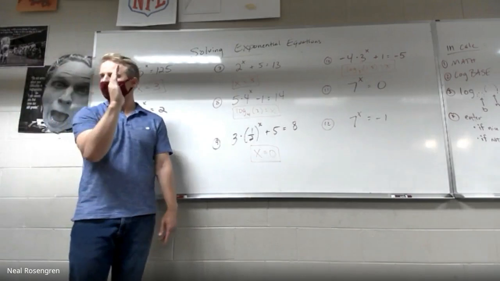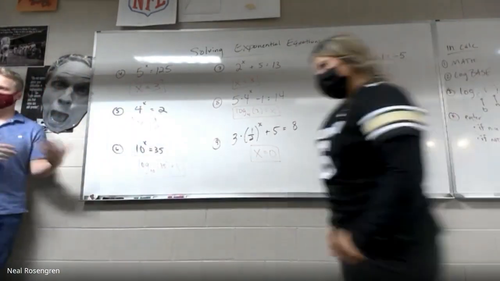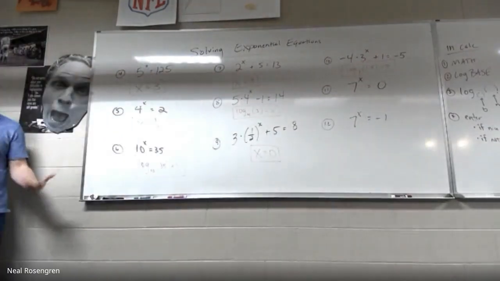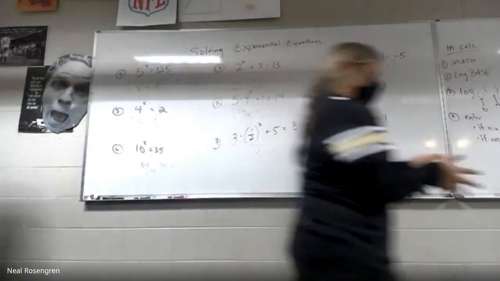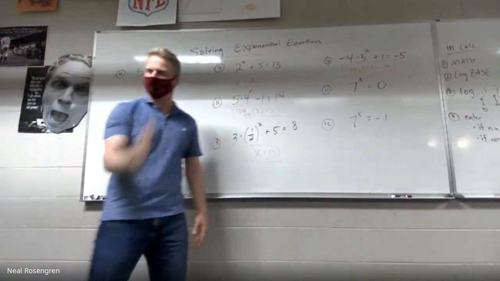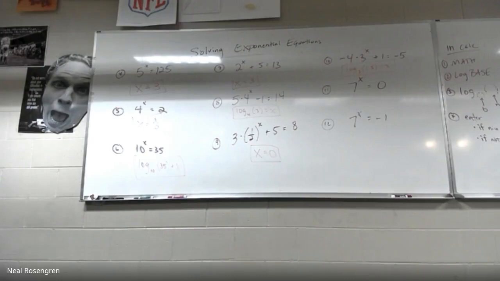That's really all you have to do: set your argument equal to 0. x equals that number is the vertical line. Yeah, looks good.